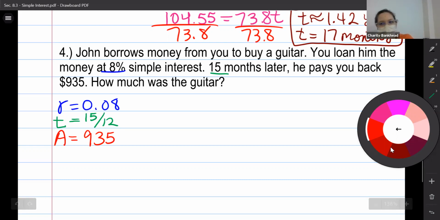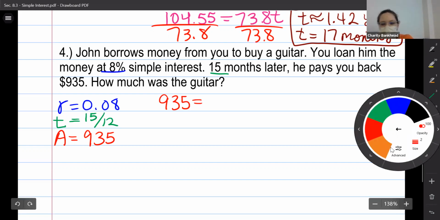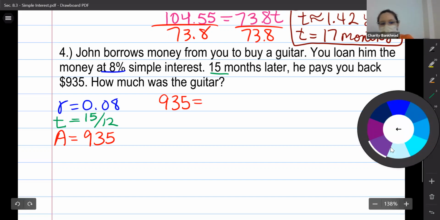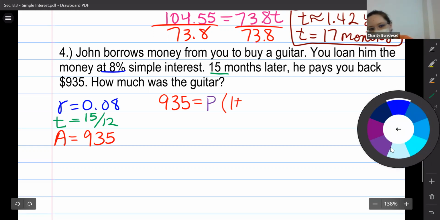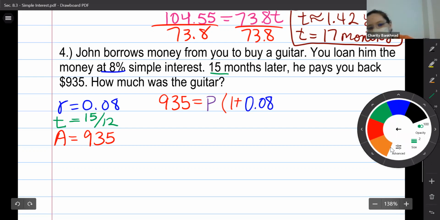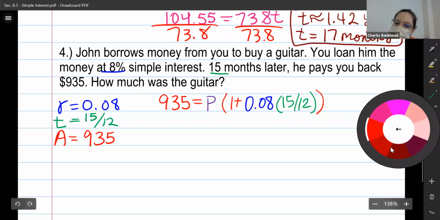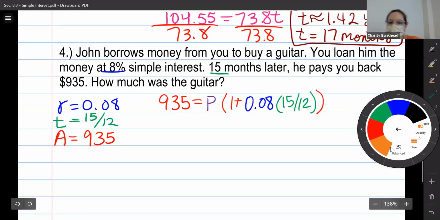All right, so we'll use the formula that has A in it. 935 equals, this time the P is unknown, so P times 1 plus 0.08 times 15 over 12. All right, so I'm going to take this whole thing that's in the parentheses and plug that into the calculator.